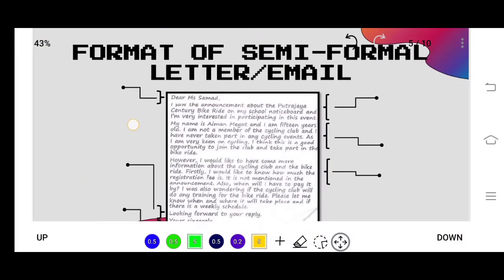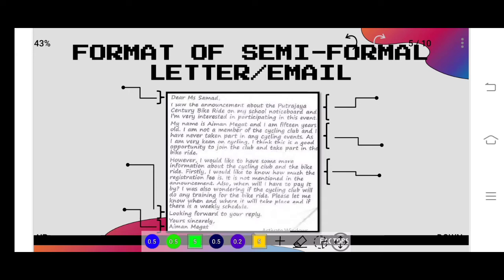Let's take a look at the format of a semi-formal letter or email. This is an example of a semi-formal letter or email. Can you guess what the format of a semi-formal letter is?